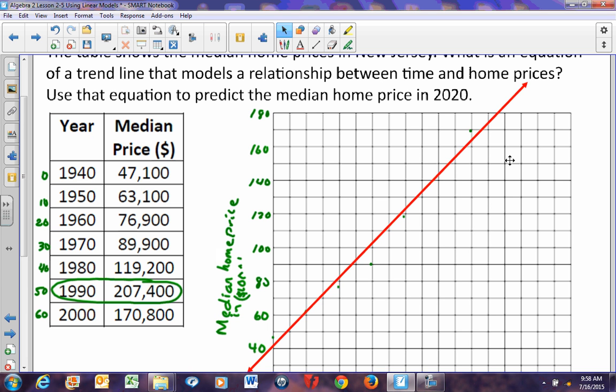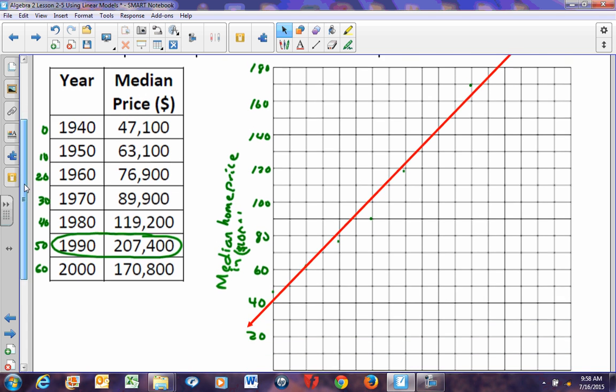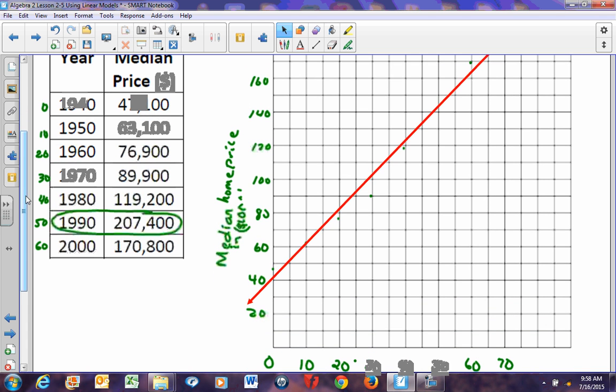And on my particular graph here, it looks like 1940 is a reasonable, not 1940, excuse me, 1980.